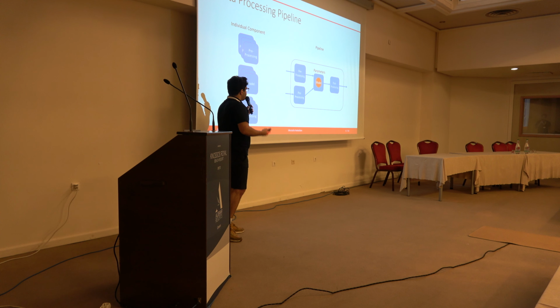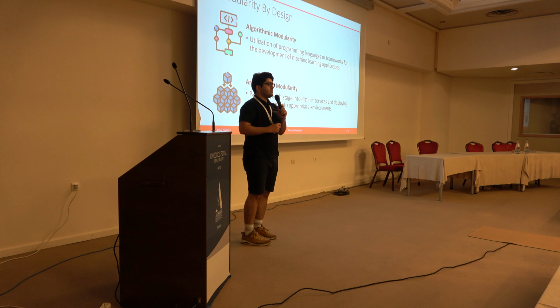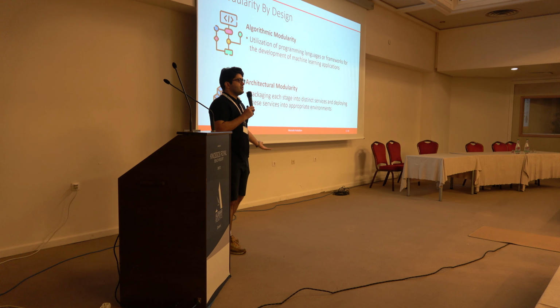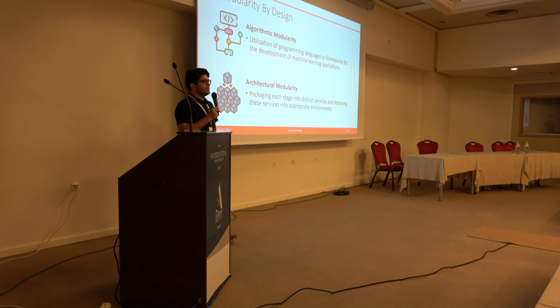or we may need to add more components, swap a component with another, so we need to have some change in the pipelines. And to capture this change and adapt to these changes, we want to promote modularity in ML development, and we distinguish two levels of modularity. First one is algorithmic modularity, which is the modularity on the level of code, which, for example, thanks to frameworks such as scikit-learn, data scientists leverage to a good extent.